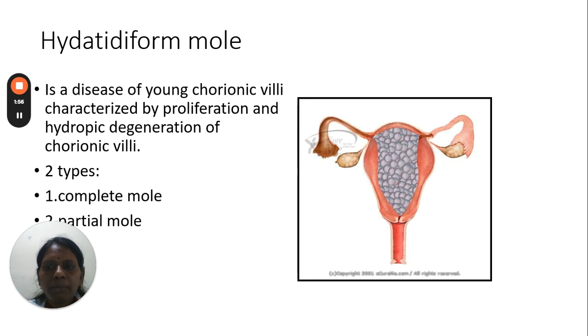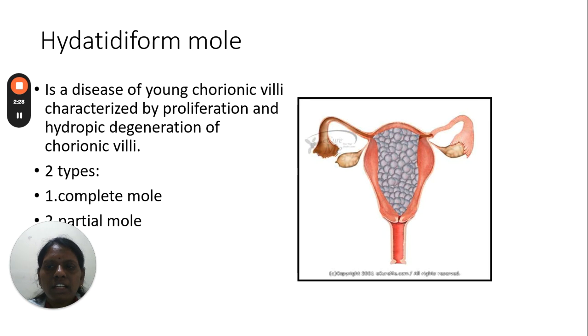In genetic complete mole, theca lutein cysts can be seen in 10 to 25% of cases, and it is more prone to develop choriocarcinoma. In partial mole, parts of the fetus can be seen, and the genetic karyotyping is 69XXY or 69XYY.